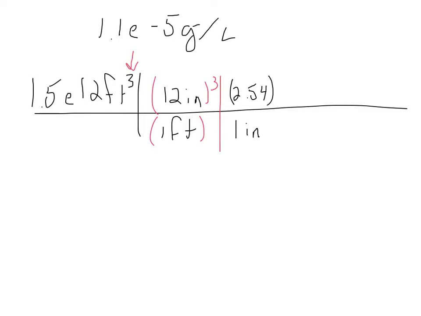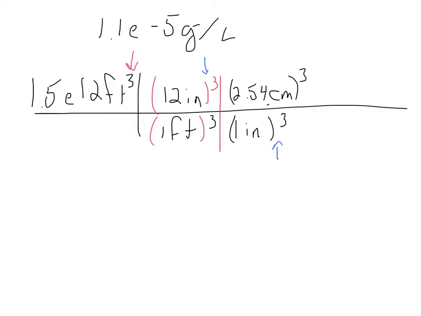Actually, sorry, I missed the centimeters there. So there's your centimeters, and just like we did with the previous one, and I forgot to put the cube sign here, I'm missing things all over the place, we need to cube these values in order for them to cancel. So that allows for the inches cubed here to be canceled by the inches cubed here.